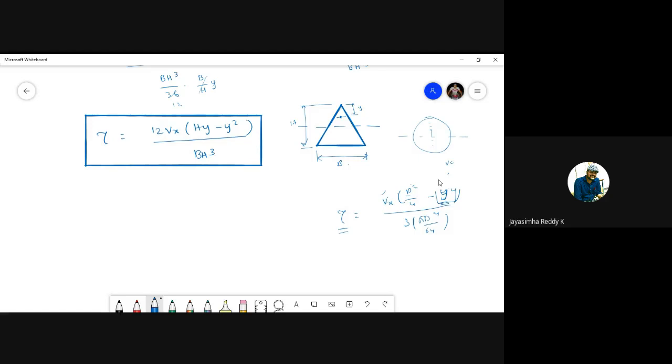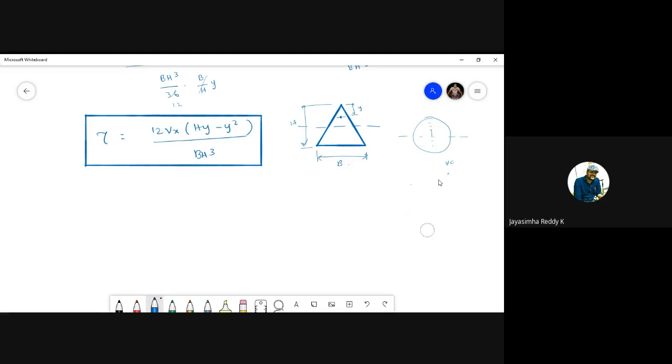If I substitute 0, this value becomes max. By using this equation, we can directly say that for rectangular cross sections, if you substitute y is equal to 0, that becomes maximum. We say that for the circle and others.